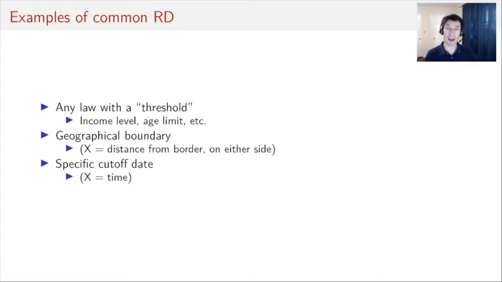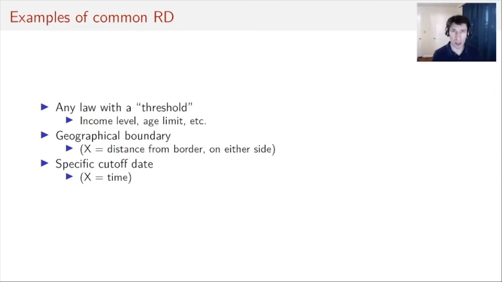So here are a few examples of commonly used events as regression discontinuity designs. So any law that has a threshold embedded in it, like an income level or an age limit, would make a good candidate for a regression discontinuity design.